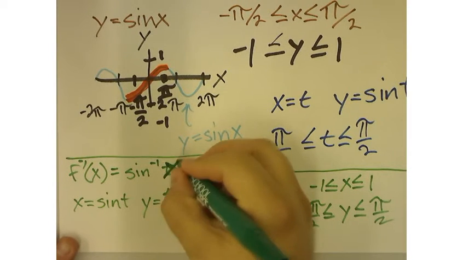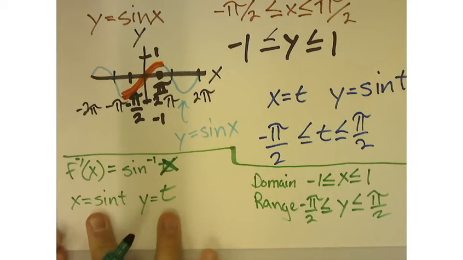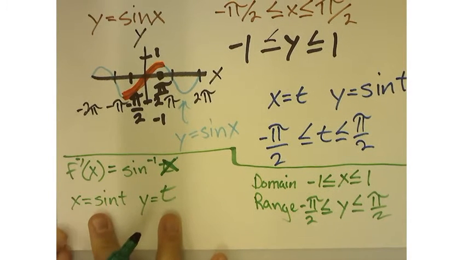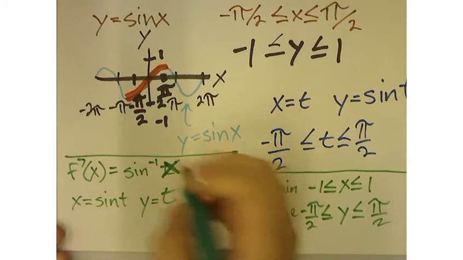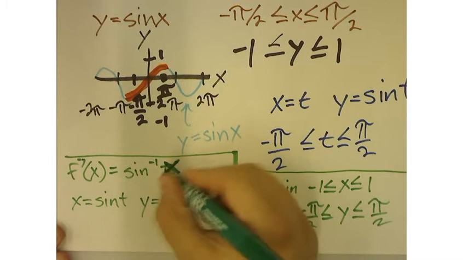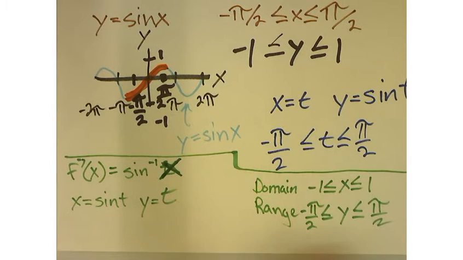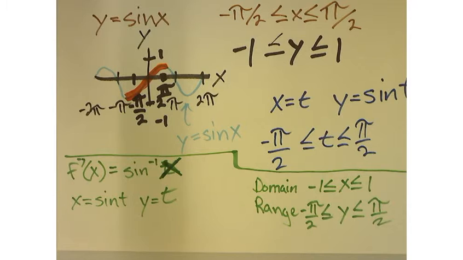So we can represent the parametric equations on our graphing calculator with this notation: f of x is equal to sine inverse. So this -1 means inverse of x, not t. But what does this look like graphically? Well, graphically, the inverse is reflected across the origin.